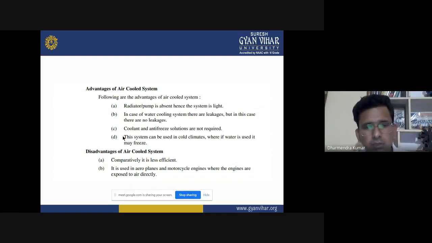Now the disadvantages of the air cooled system. First one is that it is comparatively less efficient when we compare it with the water cooling system. Second, it is used in aeroplane and motorcycle engines, where the engine is exposed to the air directly.